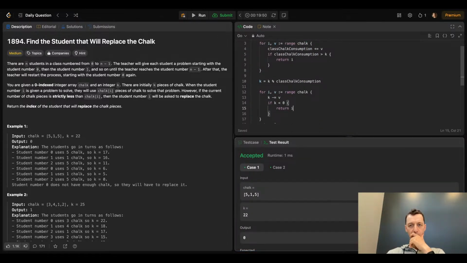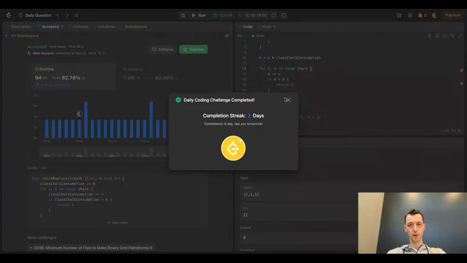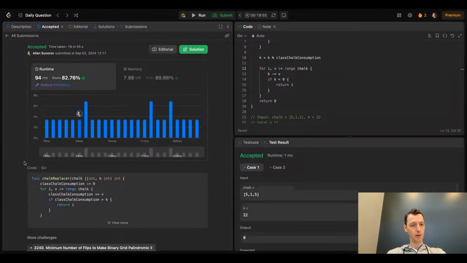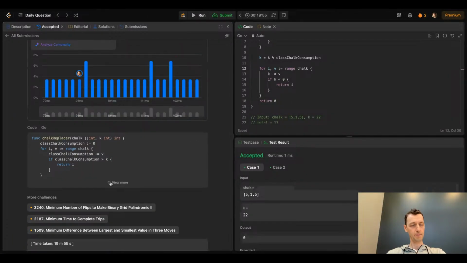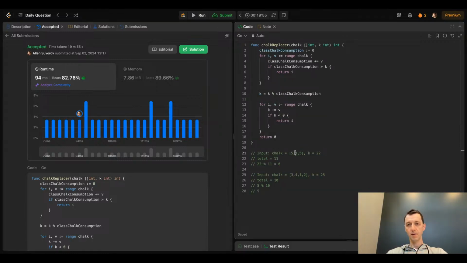So let's see. Yay, it worked. And what I like about it is it's not the fastest though, but it's quite fast. So let's see. I mean, we can probably remove that check.